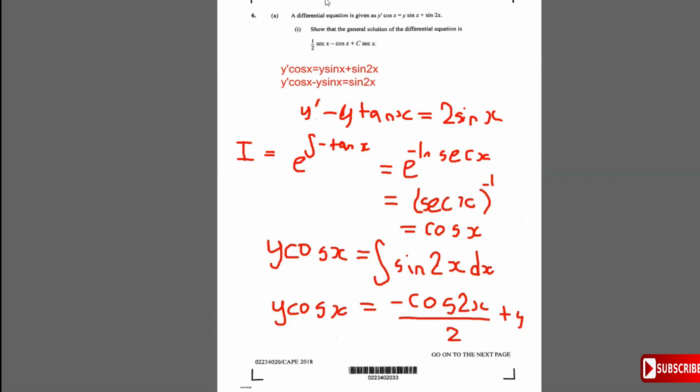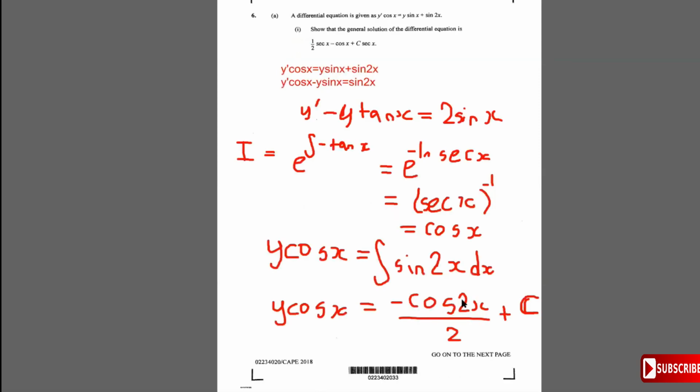And better I put my plus constant as a plus c, since they're using c. Plus c. So I divide through by cosine. Dividing through by cosine, I'm going to get y is equal to minus cos 2x over 2 over cosine.